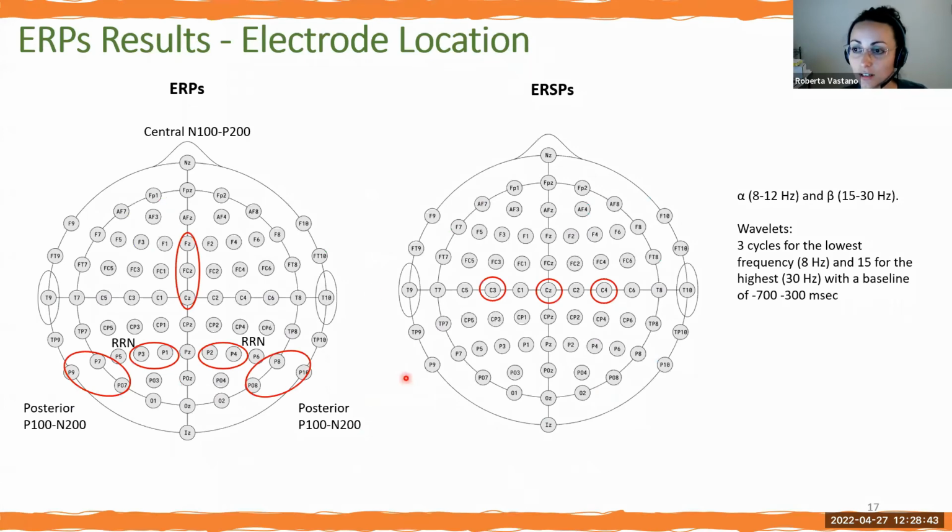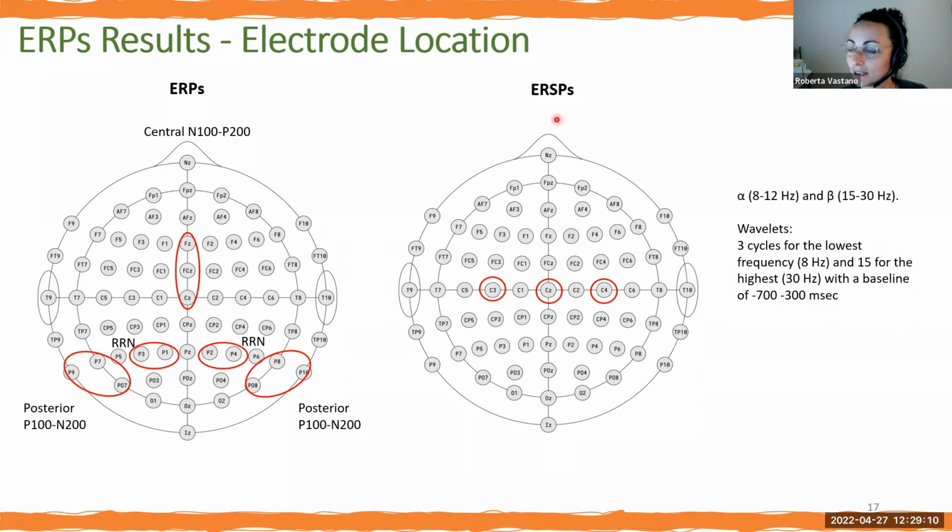Regarding the location, for event-related potentials, we look at the posterior P100 and N200 on this cluster of electrodes bilaterally. So we have the effect of hemisphere also as a factor in our analysis. Then we have the rotation-related negativity bilaterally as well in these electrodes. And then the frontocentral N100, the P200 in these electrodes.